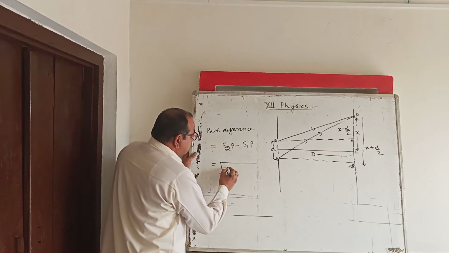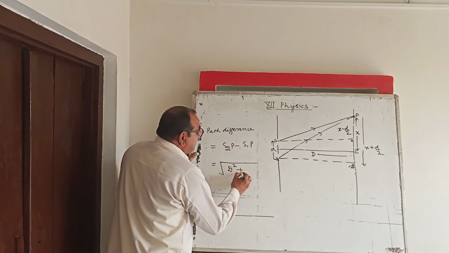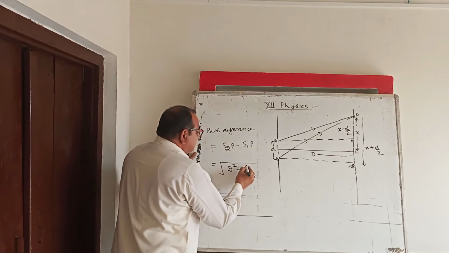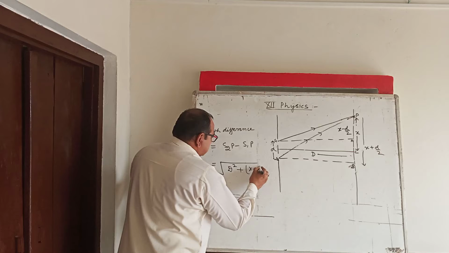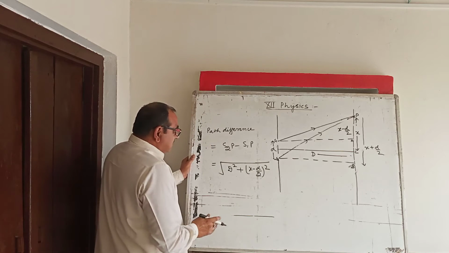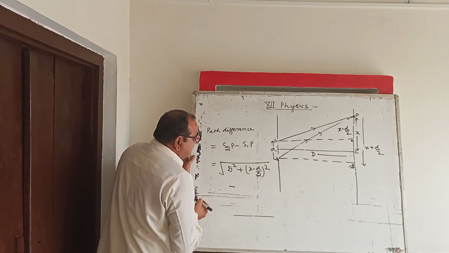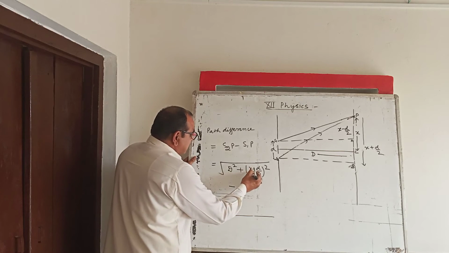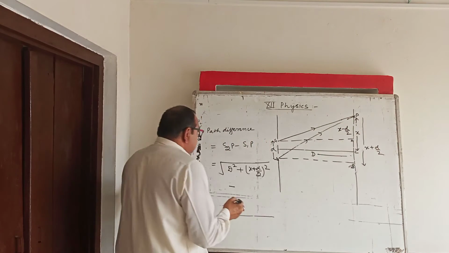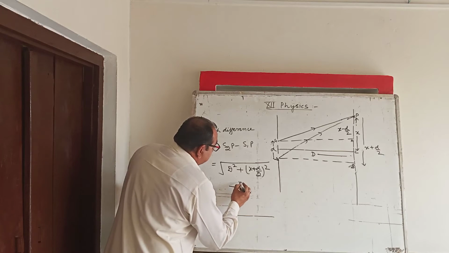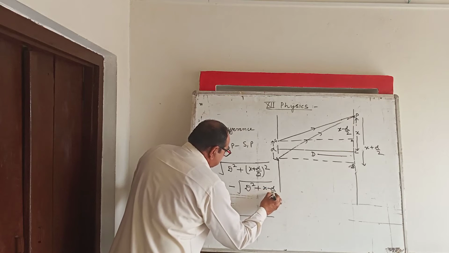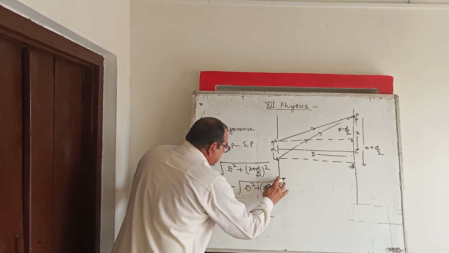S1P equals the square root of D square plus x minus d by 2 to the whole square. And S2P is the square root of D square plus x plus d by 2 to the whole square.